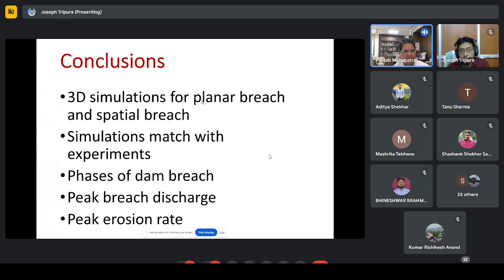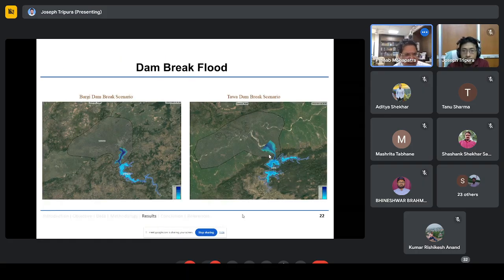So I have some more slides, but I do not know whether we can see them or not. Please go up. Come down. Okay. Thankfully, it is running. So to have some fun, I am indicating here some simulations from HEC-RAS. This is using real life dam break flow analysis.